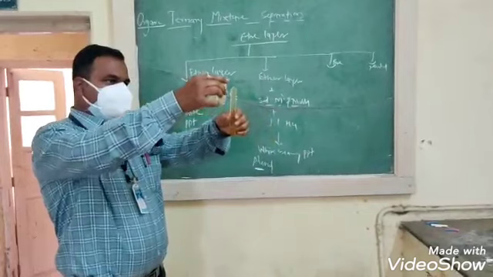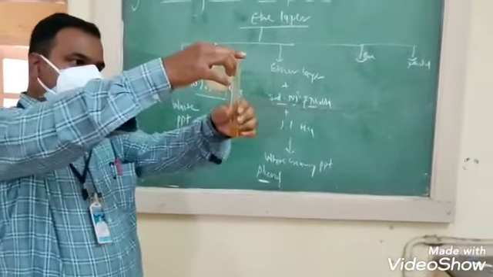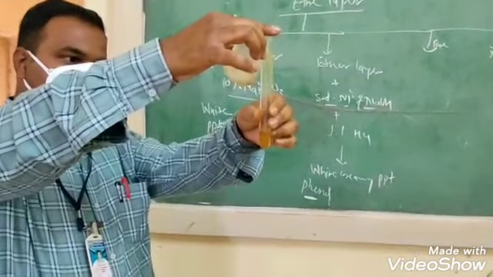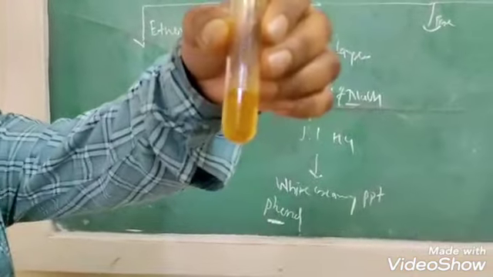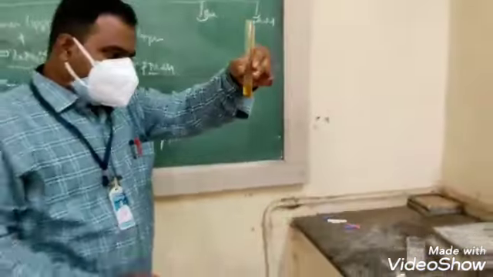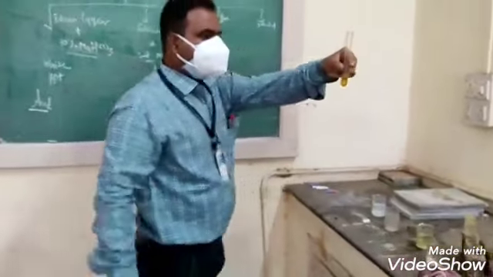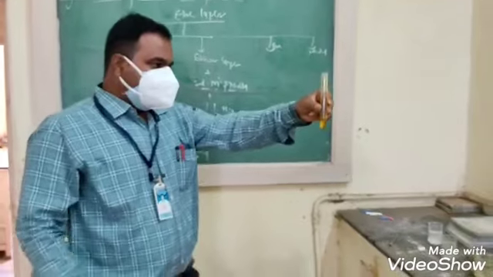Now we add the saturated solution of NaOH. Now see, there is the formation of yellow PPT. This indicates the presence of a basic component in the given mixture.